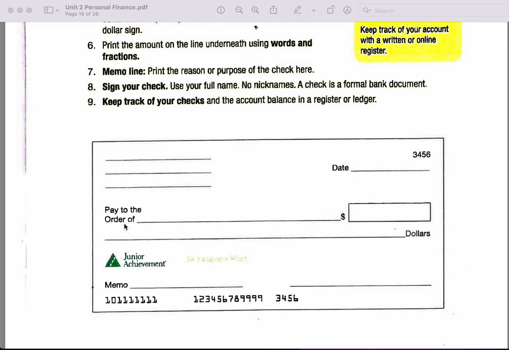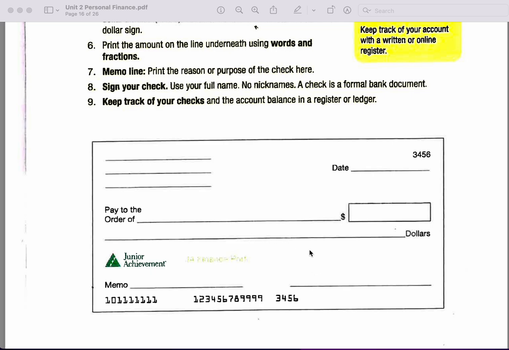So in this case, you would write 120 and 00/100, and then fill a line here all the way to the end. You don't put dollars in here because you can see it's already over here. You don't put 120, you put 120 and. Remember, you write that out, letters, okay?